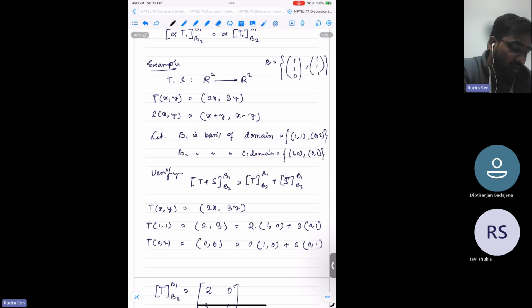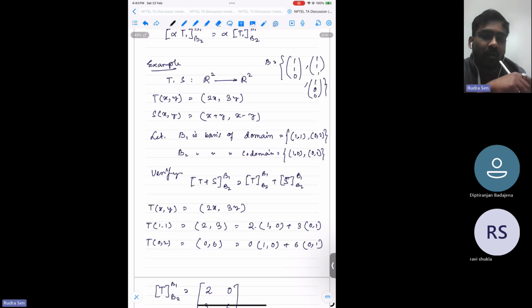This is maybe a basis for the space spanned by these two vectors. But for R3 space, we need another vector, and that vector should be linearly independent of the others. So if we add another vector over here, then we can say, yeah, this is a basis.